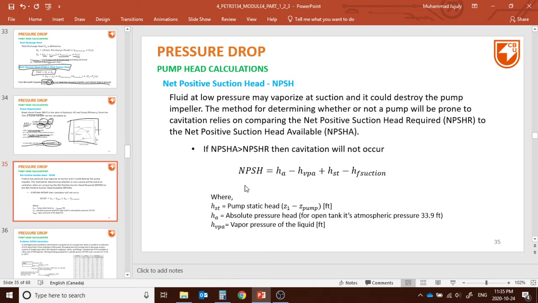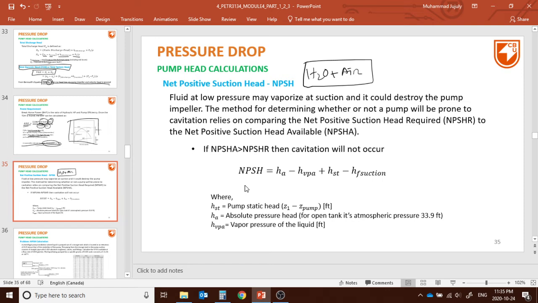NPSH, net positive suction head. A fluid at a lower pressure may vaporize at the suction, and it could destroy the pump impeller. What is that? For instance, water also has some air bubbles dissolved in it, so it's not only water.